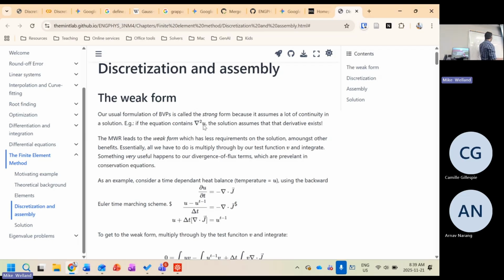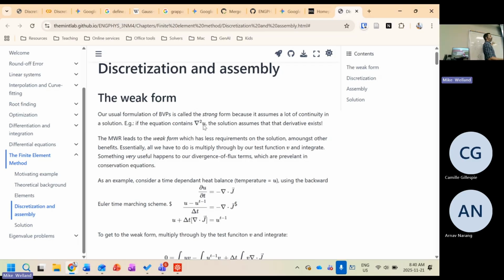Which means that if you have a solution that's made of these straight lines, I'm repeating myself from last class, in finite element, we're going to be approximating the solution on the intervals with something that could be straight lines. Maybe they're straight lines, maybe they're parabolics, whatever. Let's just consider straight lines, right? This guy does not have a second derivative.